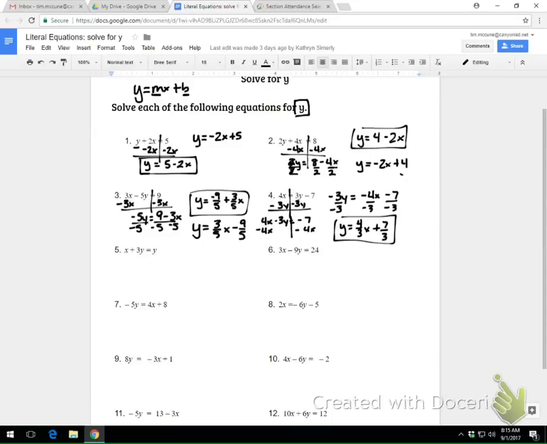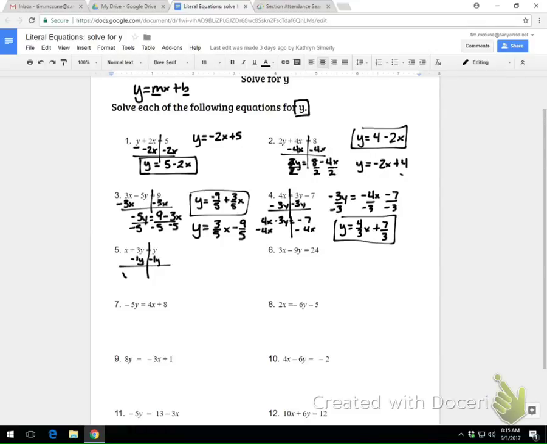Alright, so let's look at 5. Now, 5 is a little different. I have a y on the left and a y on the right, but also have an x on the left. So what do you want to move first? 3y. Remember, we want to get the y's on the left. All y's need to be on the left. So I'm going to minus 1y.